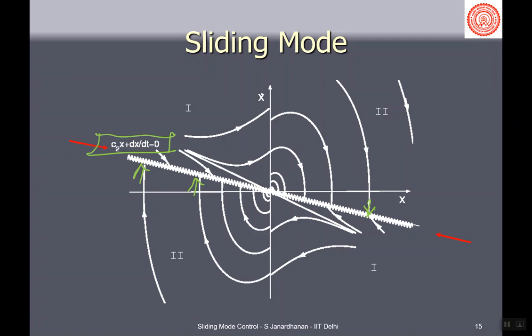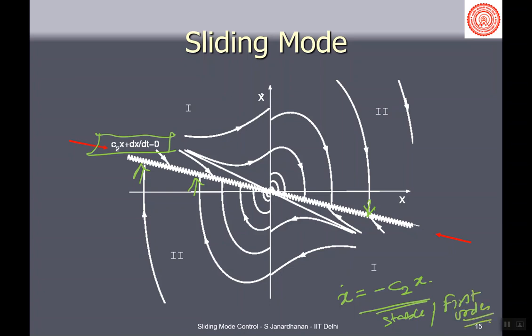Now what is the solution of the differential equation? You will have something like x dot is equal to minus c x. This is a stable system, but this is a stable first order system.